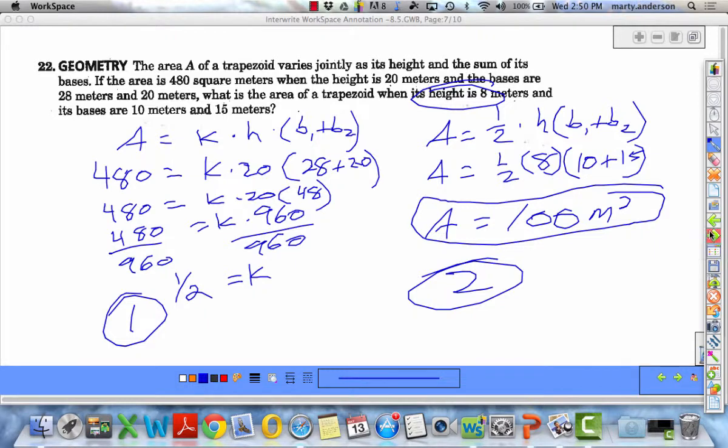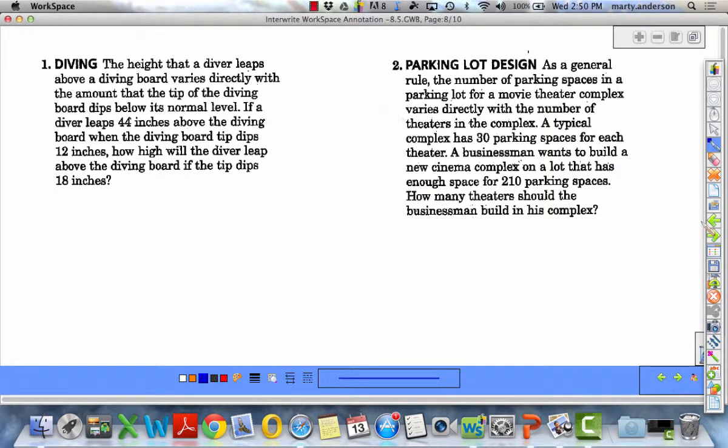If you turn your paper over, you get a couple of more problems here that can be done. The height that a diver leaps above a diving board varies directly with the amount that the tip of the diving board dips below the normal level. So maybe D for dip.